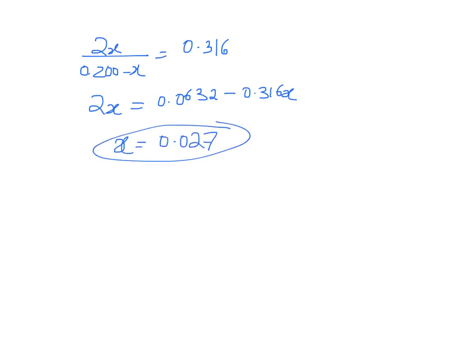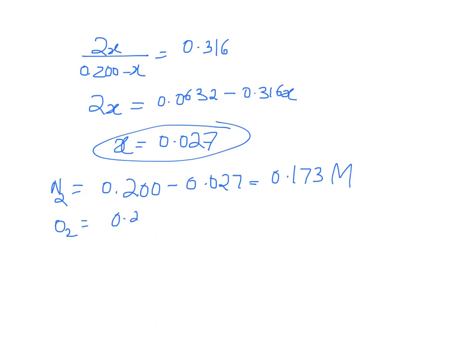And so x will come out to be 0.027. So if x is the amount that reacted, then at equilibrium nitrogen is 0.200 minus 0.027, which will be 0.173 molar. Oxygen will be the same thing, and NO is supposed to be 2x.